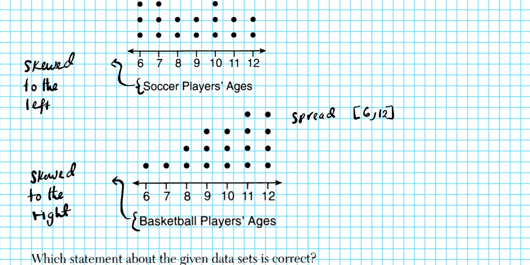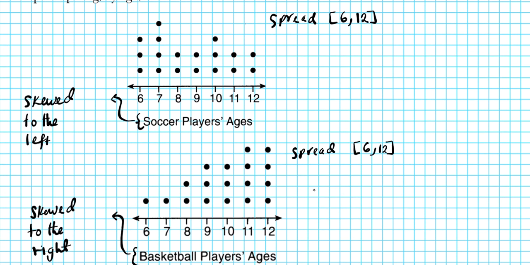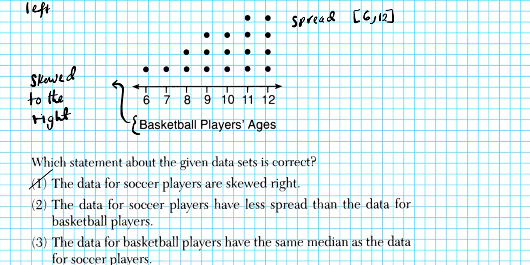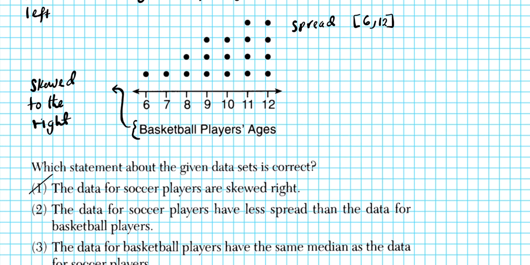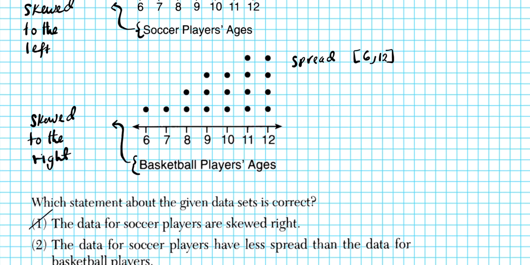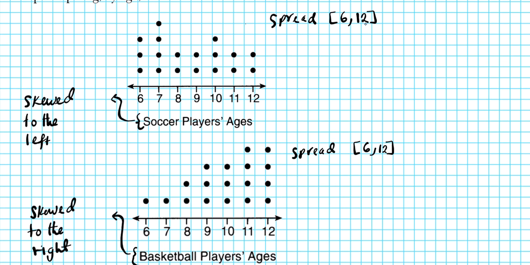So how do they compare? Let me check the question again. It says the data for soccer players has less spread. Is the range of soccer smaller than that of basketball? That's false. The spreads are equal.